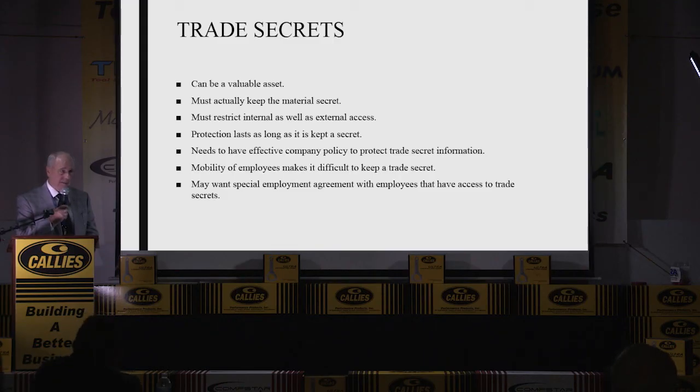Very few people have access to it. I'm not sure whether you can reverse engineer what that formula is from the actual product or not, but Coca-Cola treats it as a trade secret. And I think there's a handful of people at any one time that ever have access to that information, and they're very serious about it. That's a trade secret. If you don't take steps like that, you probably don't have a trade secret.